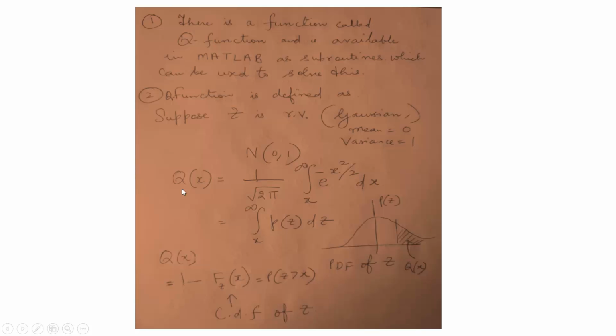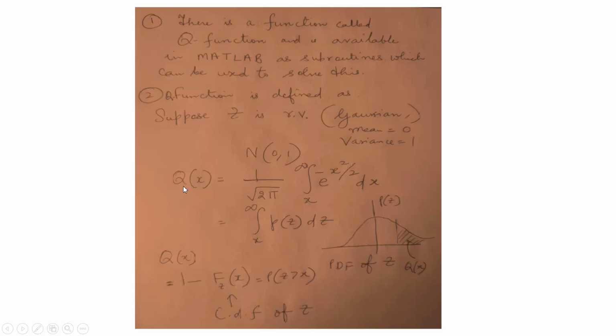Now what is the Q function? Q(x) is given by 1 over under root 2 pi, integral from x to infinity, e to the power minus x square by 2, dx. So this is how the Q function is defined. Now what is this Q function equal to?